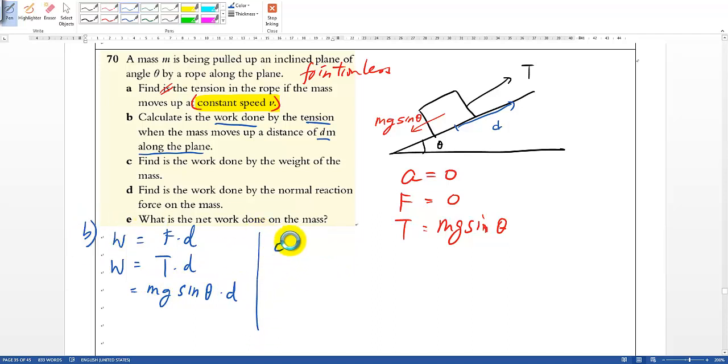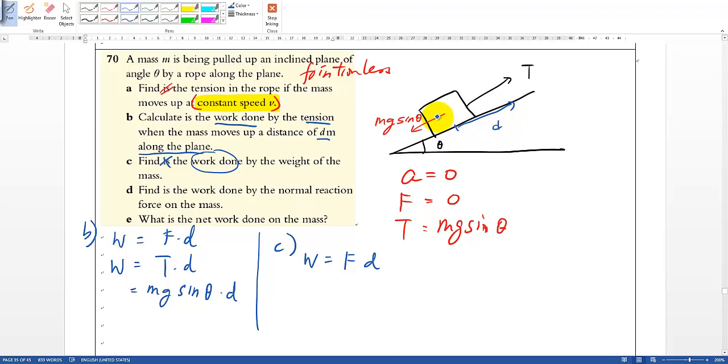And if you look at part C, it asks you to calculate the work done. Again, I don't know why there's an extra word. Find the work done by the weight of the mass. So once again, it will be using this equation for work done, F times d. You can see that the force, again, is parallel to the distance you move d here.